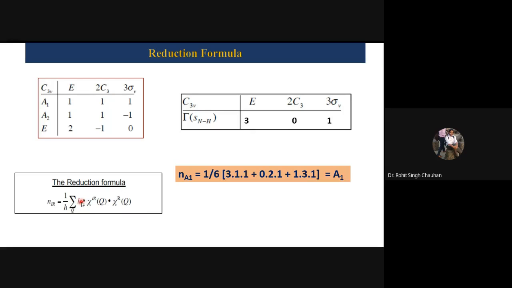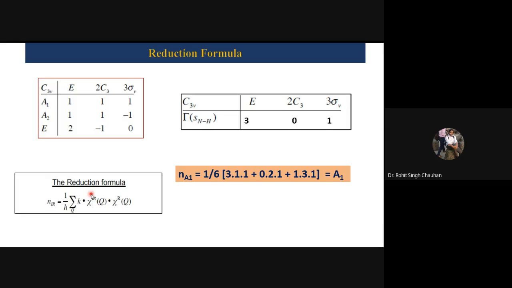Now it is K. In case of K, basically, it is the coefficient which is present before E or before C3 or before sigma. If you see here, the coefficient which is present is 1. So we have written 1. Then chi IR and chi R. Chi IR is the irreducible representation. This is reducible.